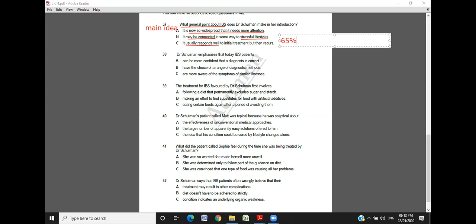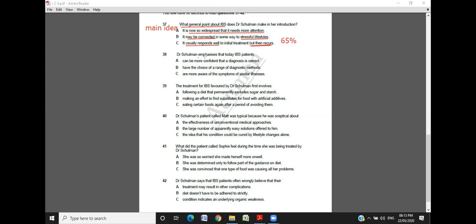When I say almost every time, it's more than 95%. Usually is in most cases, generally. So 65% of the time it responds well. This answer prompt has 2 parts. Can you see this? But then there is a recurrence.